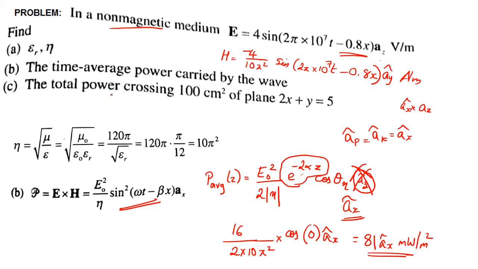Now the last problem. To get the total power, what you have to do is multiply this value with area. Here area is given as 100 centimeter square. To make it meter, 100 into 10 raised to minus 4 meter square.